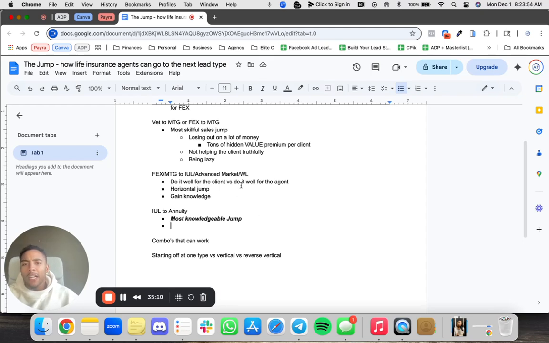And by the way, when you go back up to this one, when you talk about leverage, you are, but you're not. IULs and whole life plans aren't as glorified as people make them, because if you do it right, you don't really get paid that much.